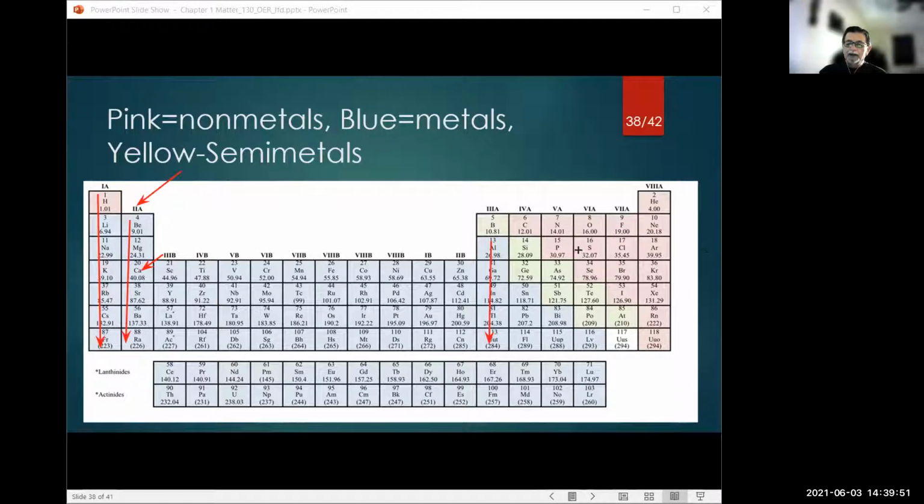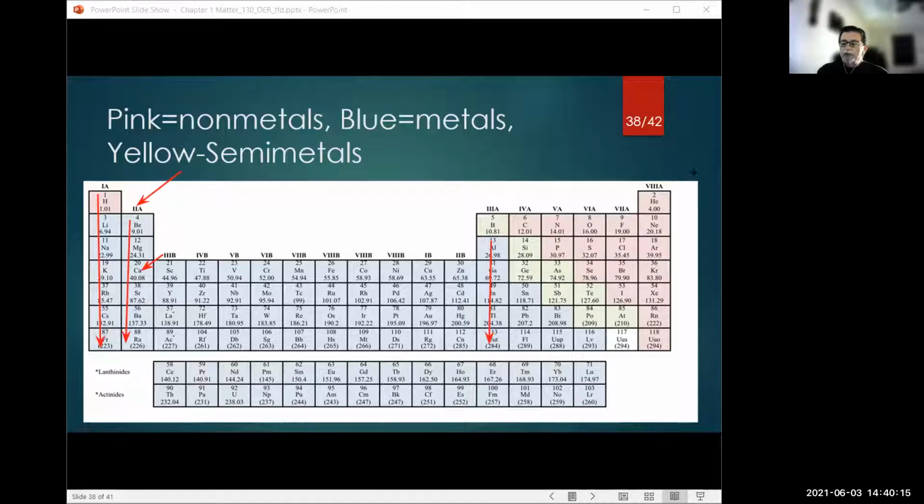Now, the pink, which are the nonmetals, will gain electrons. So everybody in pink there, including hydrogen. Now, hydrogen is very unique because it's in that group 1A. It can lose 1 electron, but you're going to learn it can also gain an electron, but more on that later. But for right now, let's look at the nonmetals.